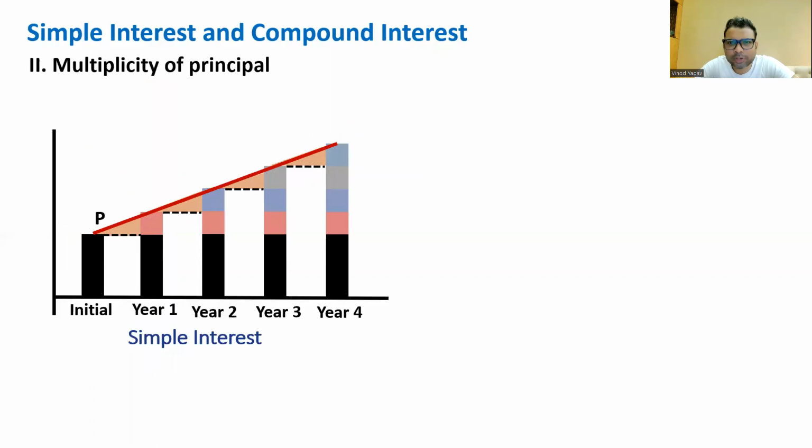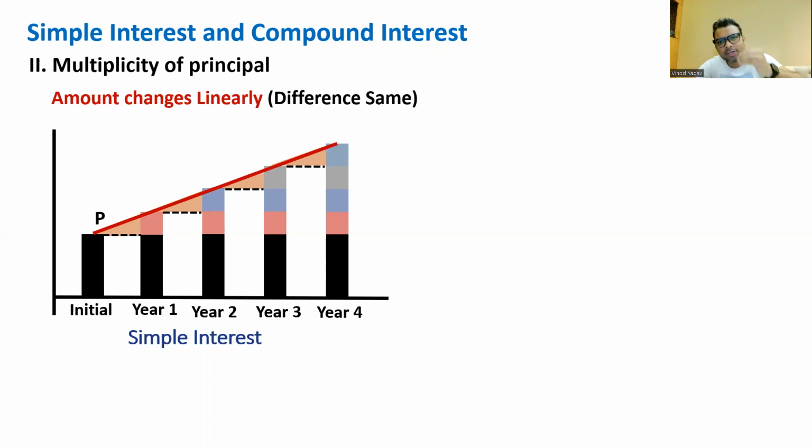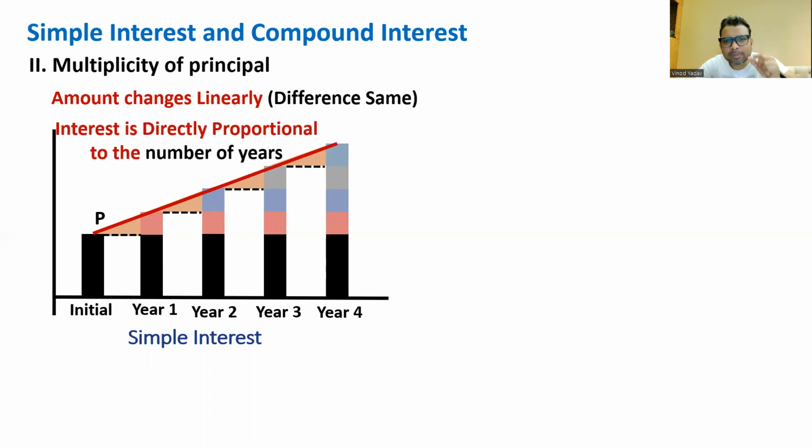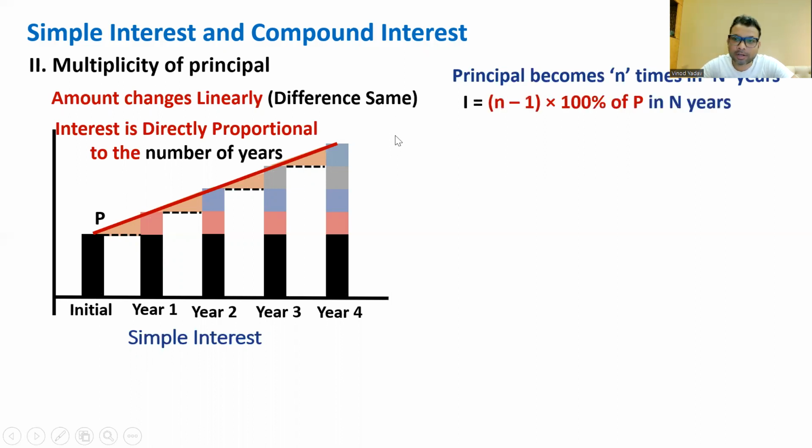I'll take some numbers also later on. Don't worry. So basically, amount changes linearly. You know this very well in case of simple interest. Interest is directly proportional to number of years. More the number of years, more is the interest, but it remains the same every year. Hence, it is linear. So if the principal becomes n times in N years, ultimately interest is (n minus 1) into 100% of principal in those N years.